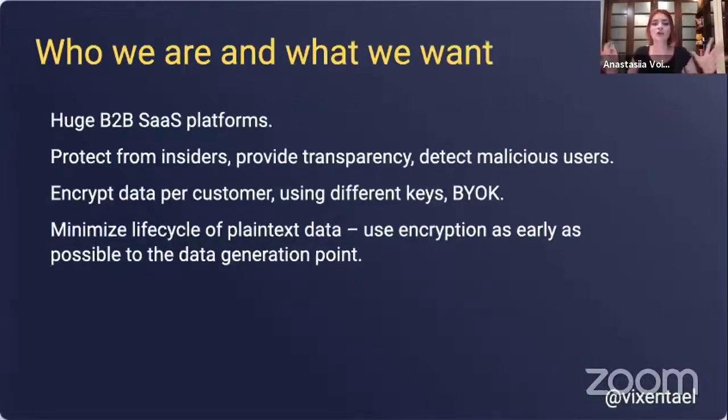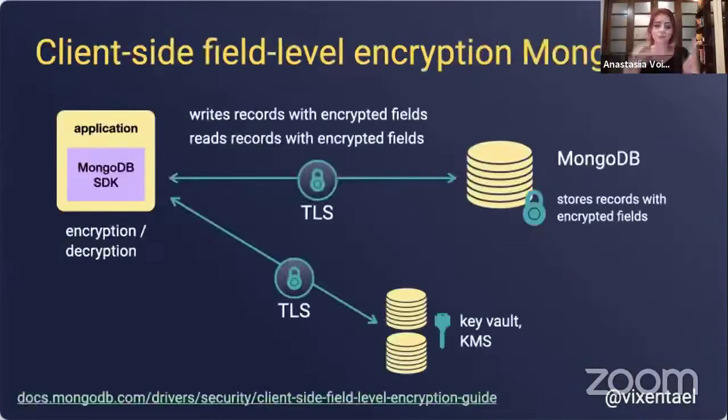It's a good application for encryption in large SaaS platforms. You would like to minimize the life cycle of data, to keep it in plain text as little as possible. There are different techniques available for that. For example, if you use MongoDB, take a look at client-side field level encryption. Remember we discussed, client-side encryption is application-level encryption happening in the client application. Field level means that you can determine which fields to encrypt.